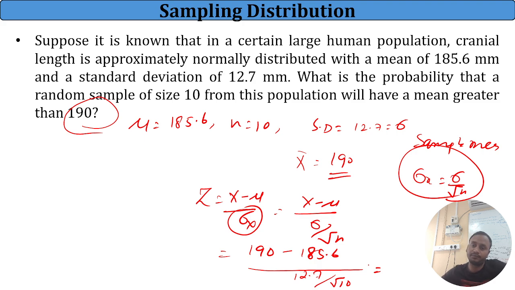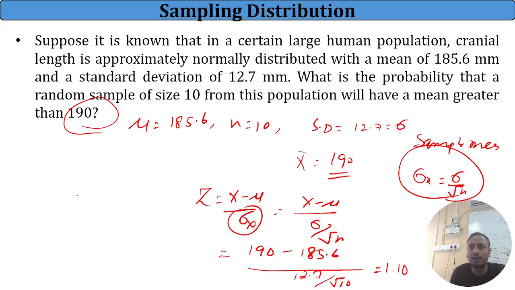Oh, it is 190 minus 185.6, that is 4.4, and root 10 is 3.162. It will come 1.10. Is it? 1.10.